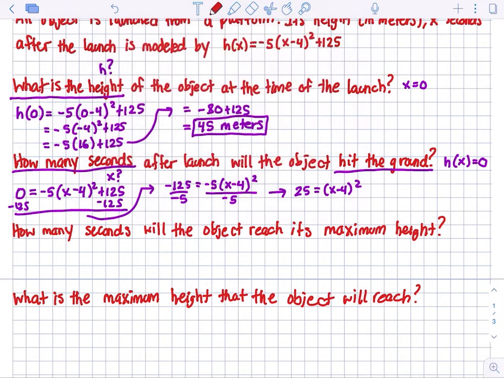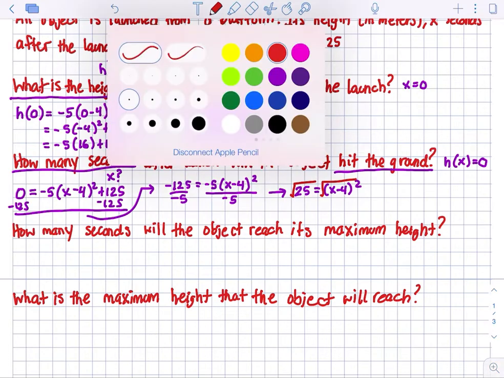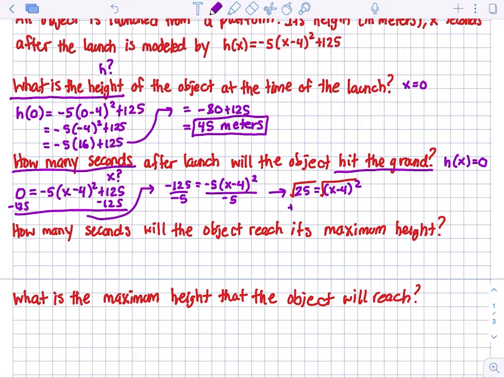Now we need to square root both sides from this step. And recall from your homework, you're going to get plus or minus that value. So we really have two equations. We have 5 is equal to x - 4, or -5 is equal to x - 4.